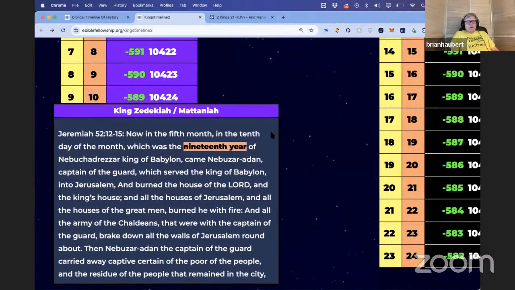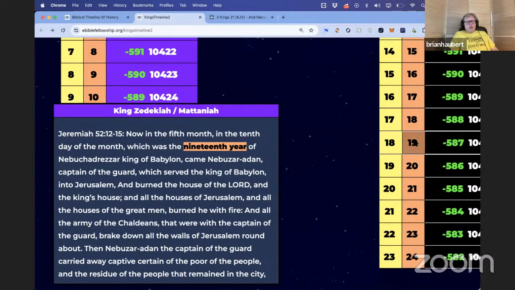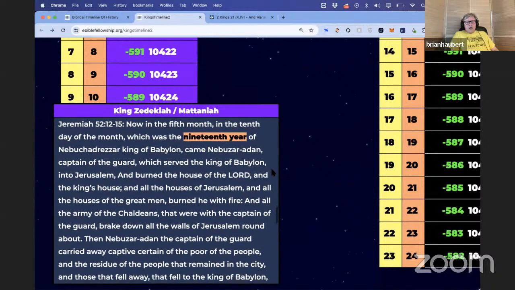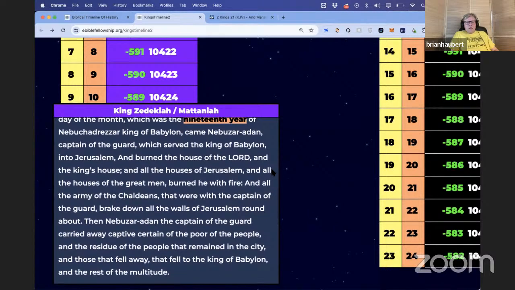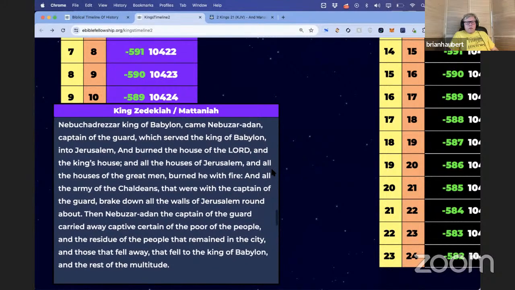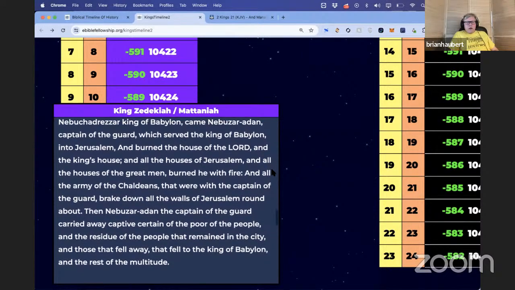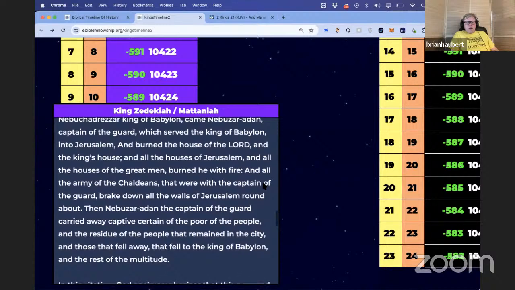"Now in the 5th month, in the 10th day of the month, which was the 19th year of Nebuchadnezzar, king of Babylon" — and this would be the 19th non-accession year — "came Nebuzaradan, captain of the guard, which served the king of Babylon, into Jerusalem, and burned the house of Jehovah, and the king's house, and all the houses of Jerusalem, and all the houses of the great men, burned he with fire. And all the army of the Chaldeans that were there with the captain of the guard broke down all the walls of Jerusalem round about.